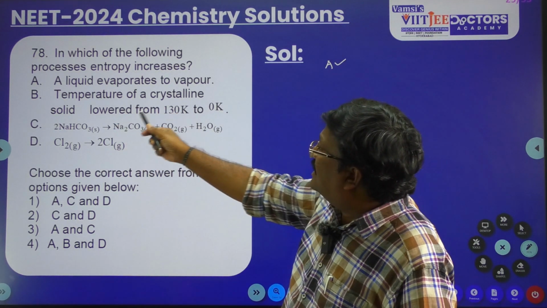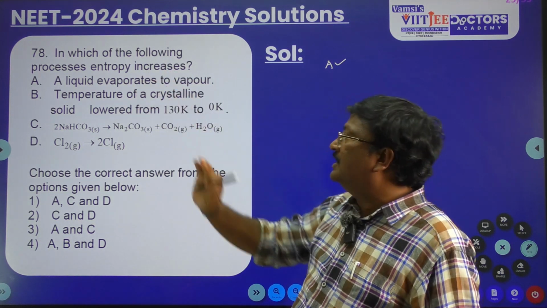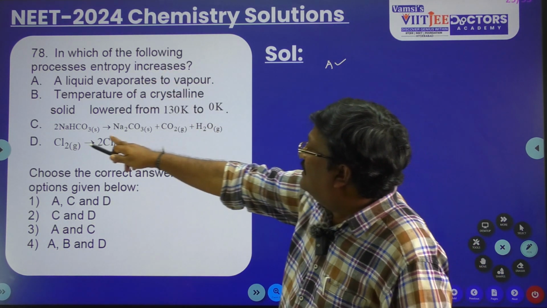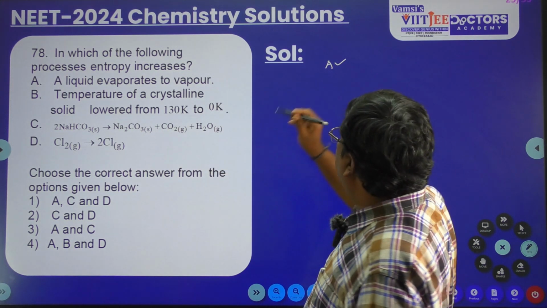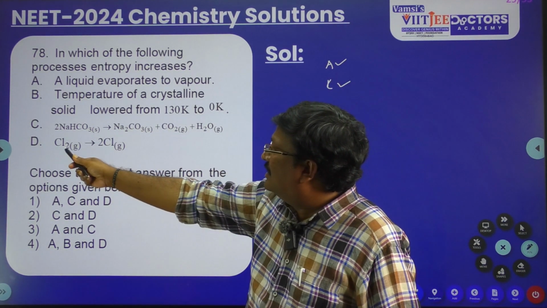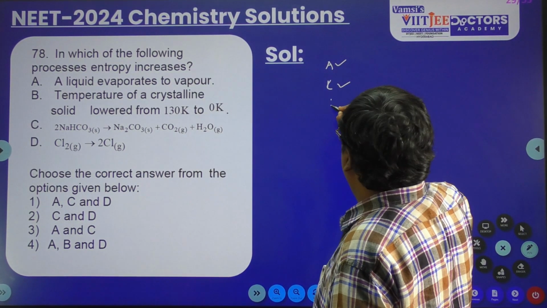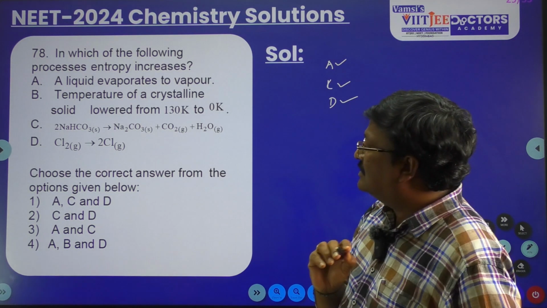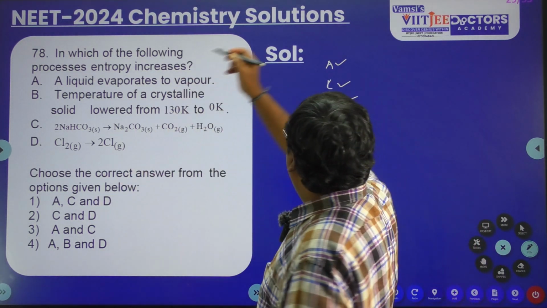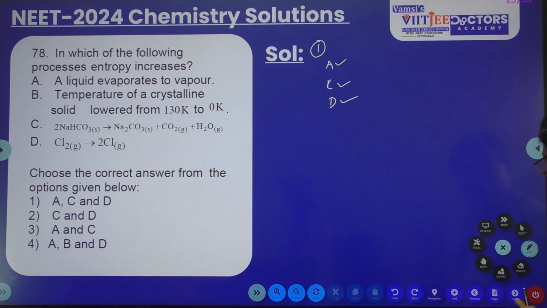Temperature of a crystalline solid is lowered: temperature decreases means entropy decreases, so B is not correct. Solid converted into gas: C, entropy increases. Chlorine molecule to chlorine atoms: here also entropy increases. Your answer is the first option, A, C, and D.